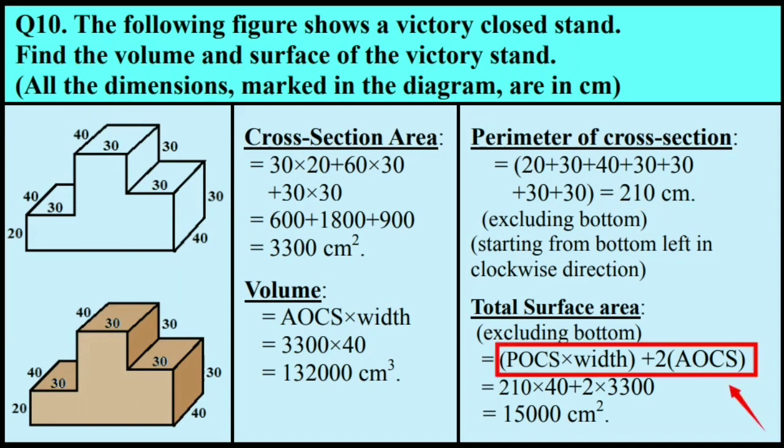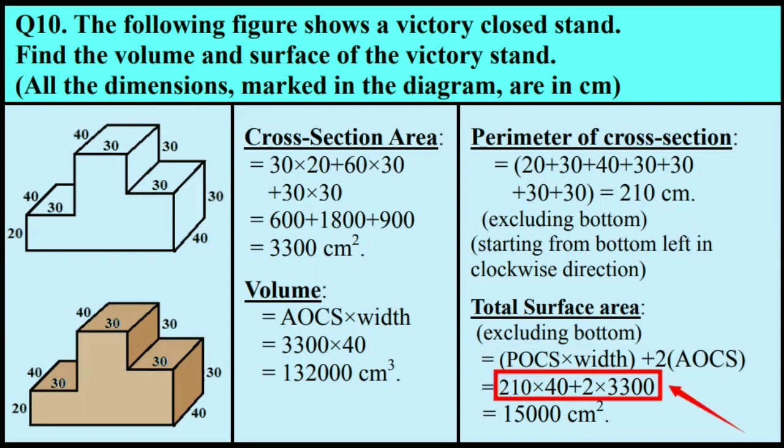Now total surface area is perimeter of cross section multiplied by width plus 2 times the area of cross section. The expression is 210 multiplied by 40, where 210 is the perimeter of cross section excluding bottom, multiplied by 40, plus 2 multiplied by 3300, where 3300 is the area of cross section.